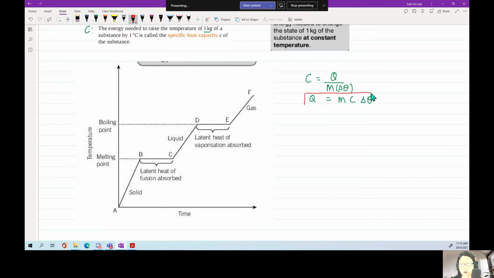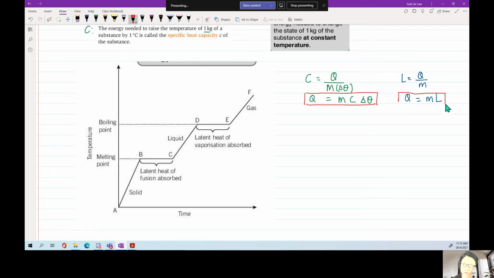Good news, there are no auxiliary or secondary equations that you need to. Yeah, there's one that you need to know. I will tell you that later. And then your L is equal to how much heat you needed to change the state of 1 kg. So Q is equal to ml.